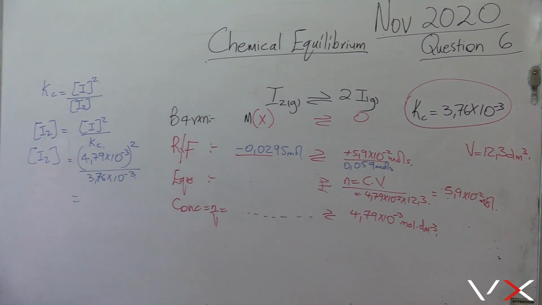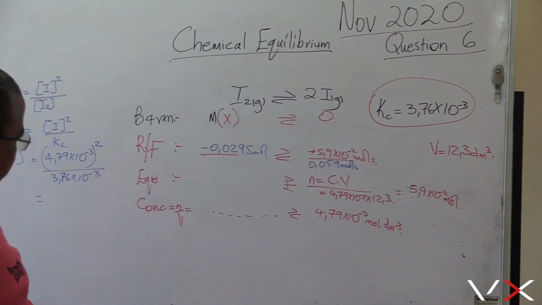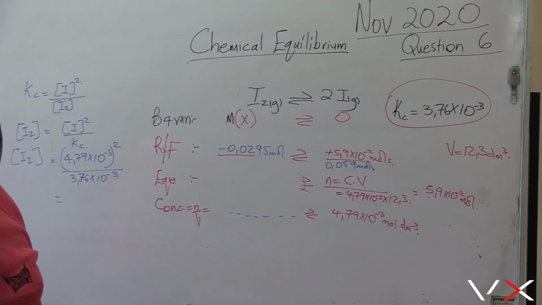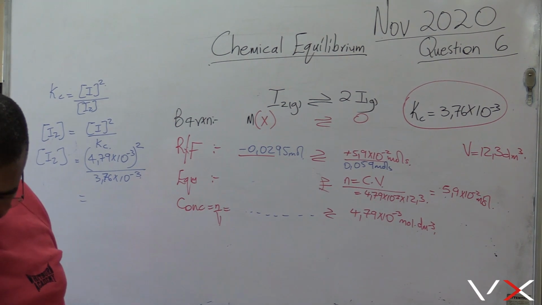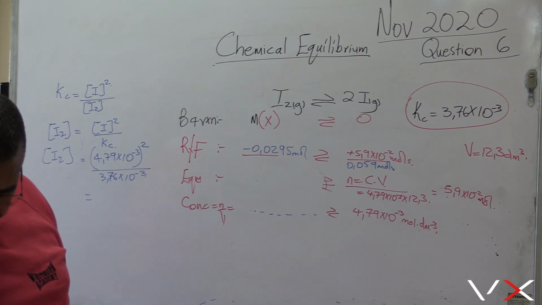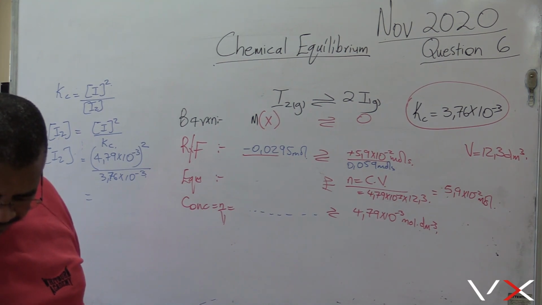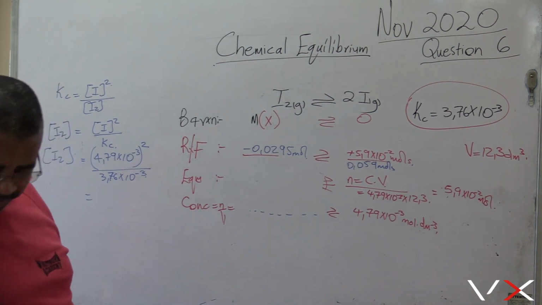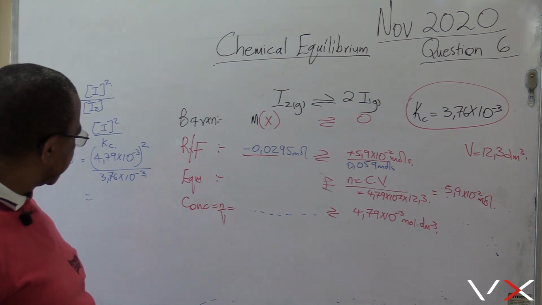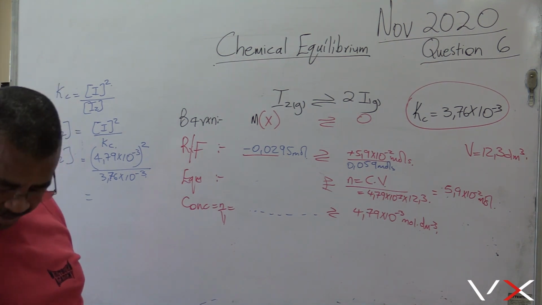Now let's calculate: 0,00479 squared, divided by 0.00376.